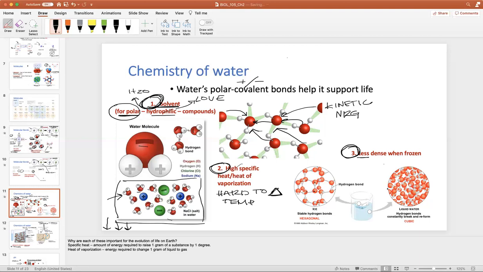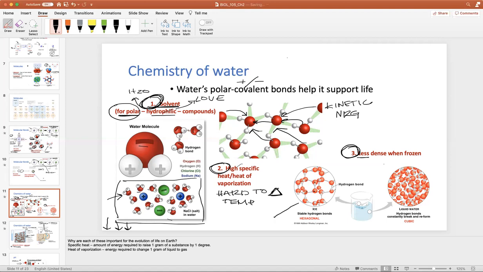And what happens? Well, if you hold positive to positive on magnets, they repel one another. Similarly, if you hold negative to negative, they also repel one another. So what happens when you freeze water, see we have these negatives here, negative to negative is repelling one another. Negative to negative is repelling one another.